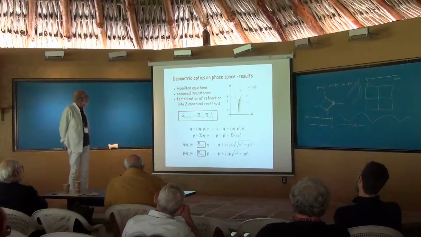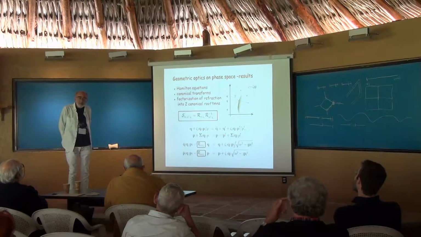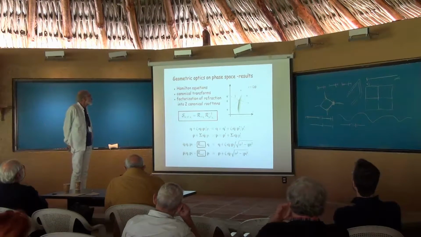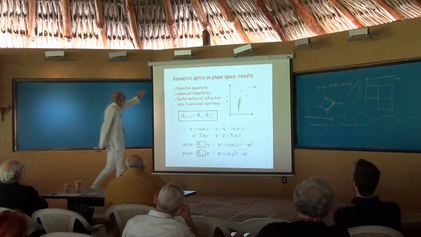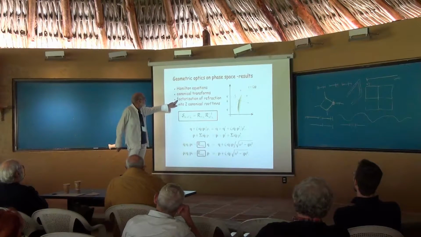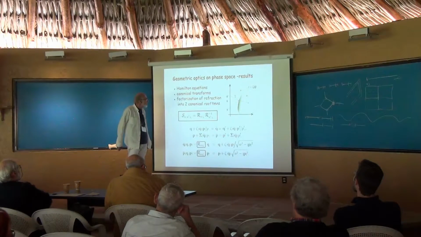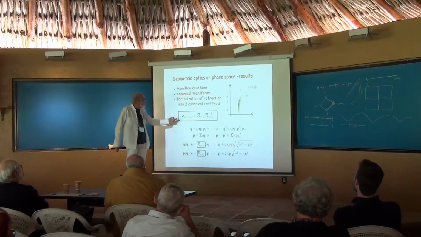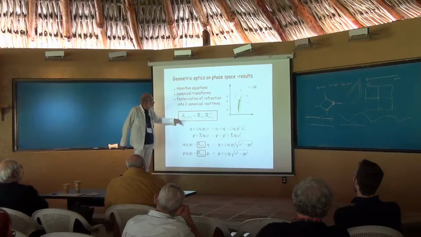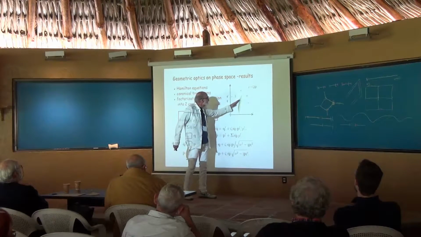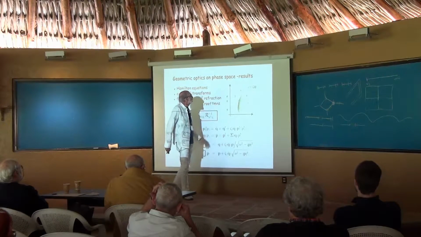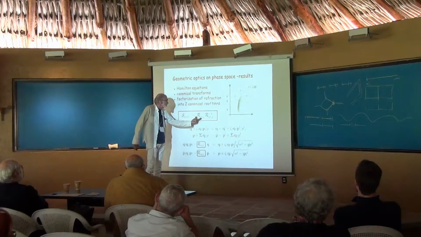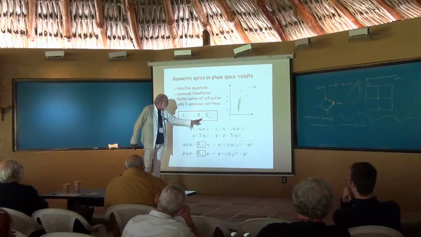Now some things can be made with geometric optics on phase space. One of them is a result which is very nice, I think. Well, you can have Hamilton equations, you can have canonical transformations, and you can factorize refraction on surfaces by a theorem by which the operator which passes you from rays in this space to rays in this space, referred to the same screen, can be factorized into root transformations.